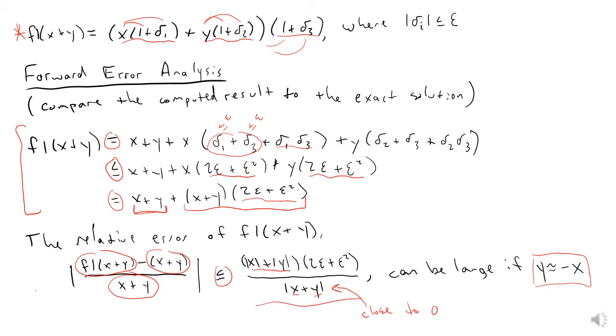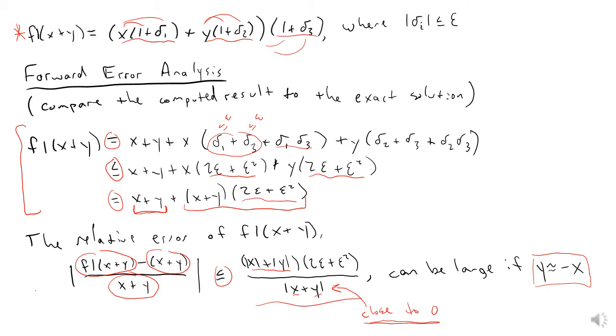We may be dealing with a function that is well conditioned, but after all these subtractions of numbers that are close to each other, so that this number in the denominator of our relative error is close to 0, that error can build up and cause issues in our algorithm.